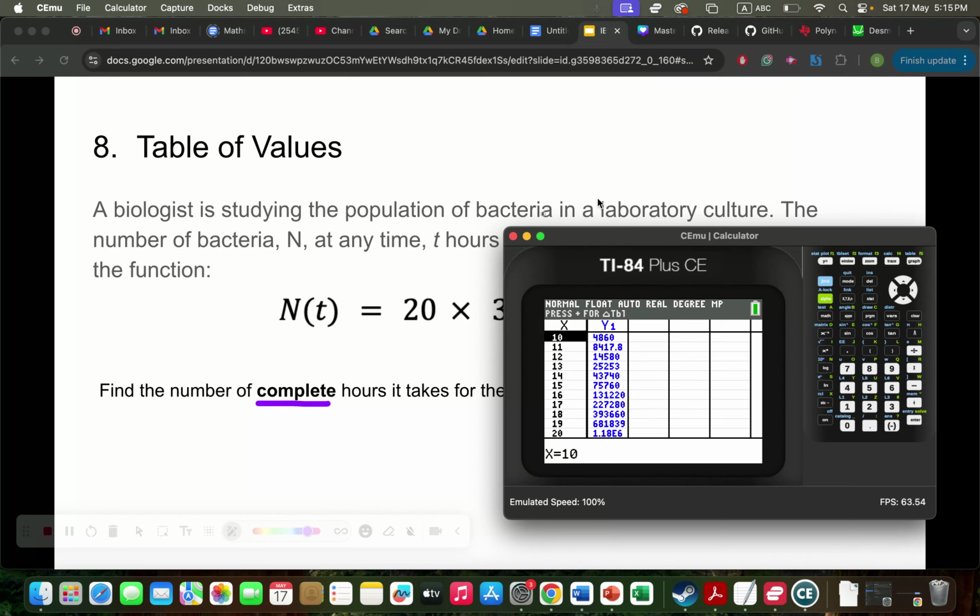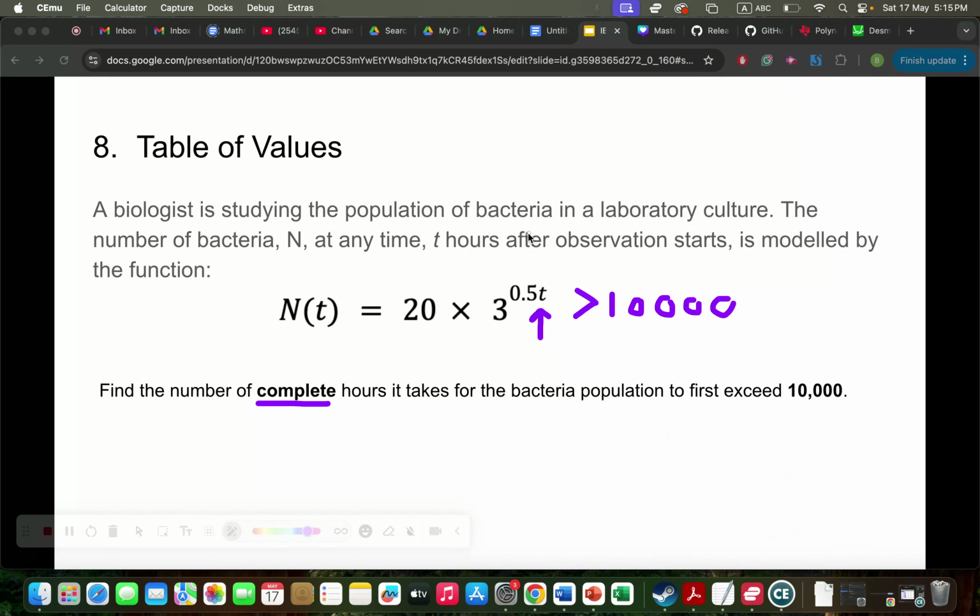Awesome. Now, you could argue that this question could generally be a little tougher if it says find the number of hours it takes for the bacterial population to first exceed 10,000. If you put 12 hours, that's probably not going to be the best answer, because 12 may not be the most exact answer.